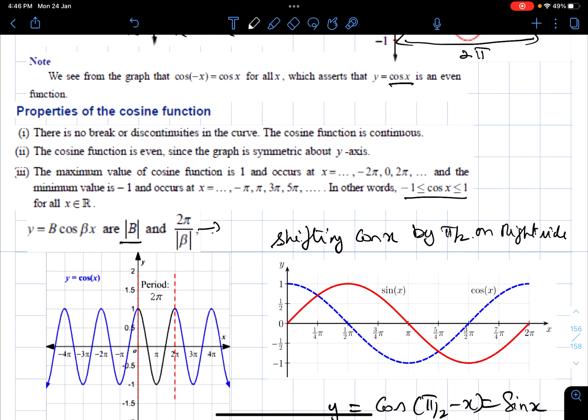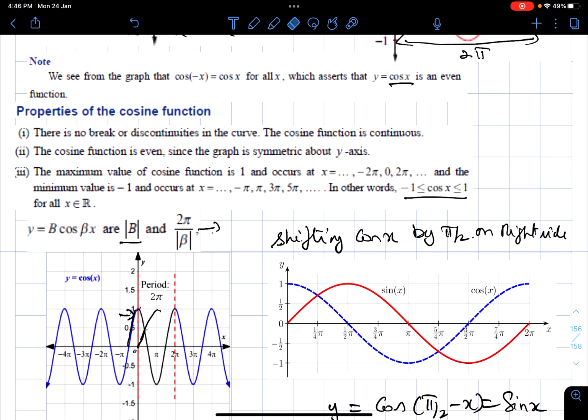Now when you shift this cos x curve by 90 degrees, that is, shifted by pi by 2, it will come here, that is, it starts from here. I am shifting this curve by pi by 2, so it comes here like this. The next curve also has to be shifted, so it comes through pi, comes back and then comes down like this.